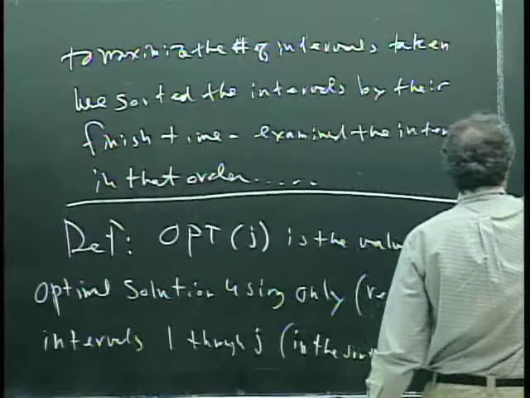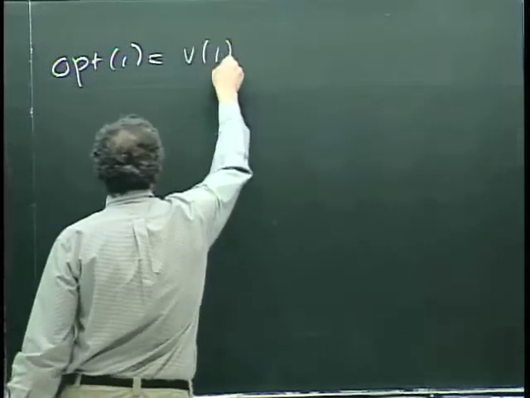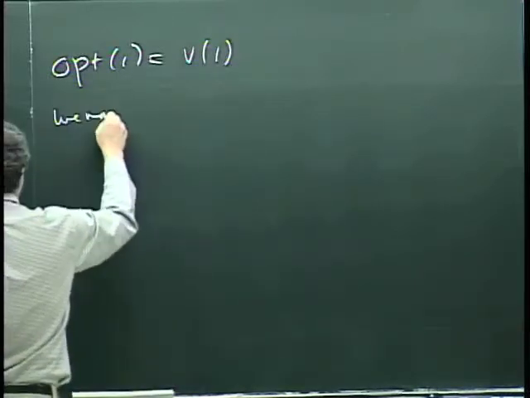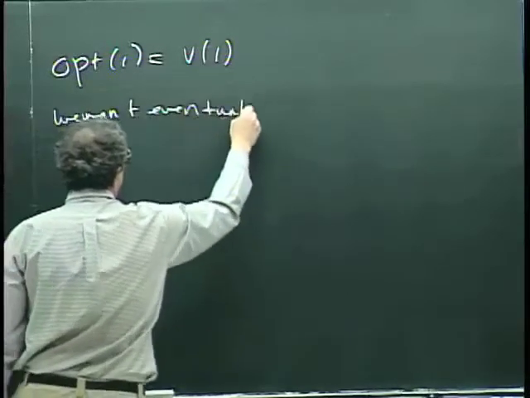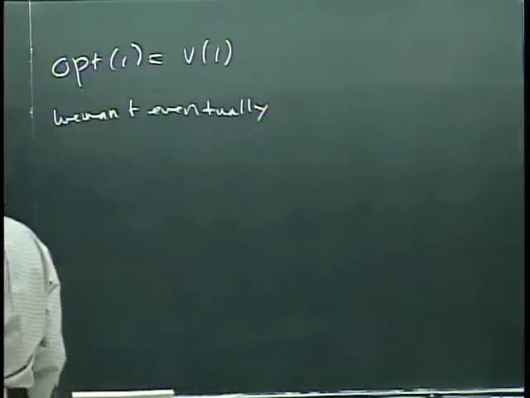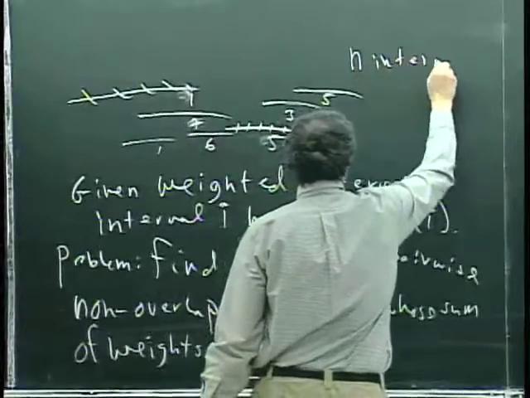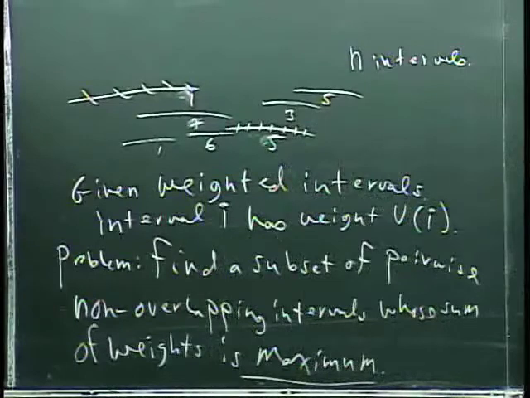is equal to the value you get from interval 1, or the weight from interval 1. That's v1. Okay, and what is it that we want? We want eventually, if there are n intervals, okay, eventually, in terms of this notation, what is it we're trying to compute?